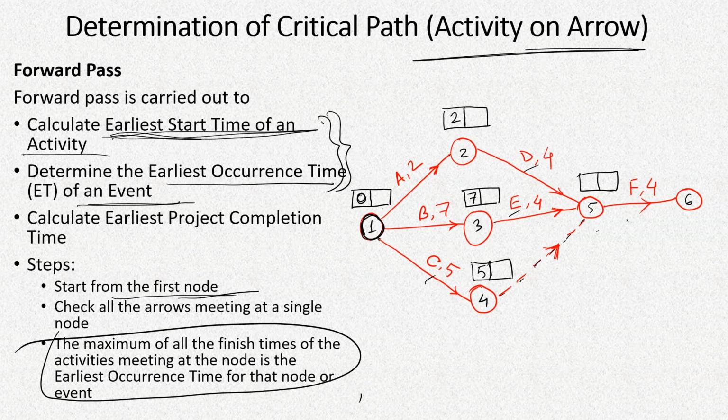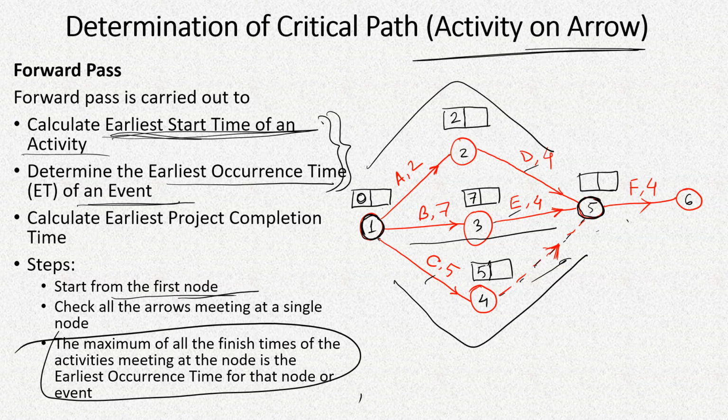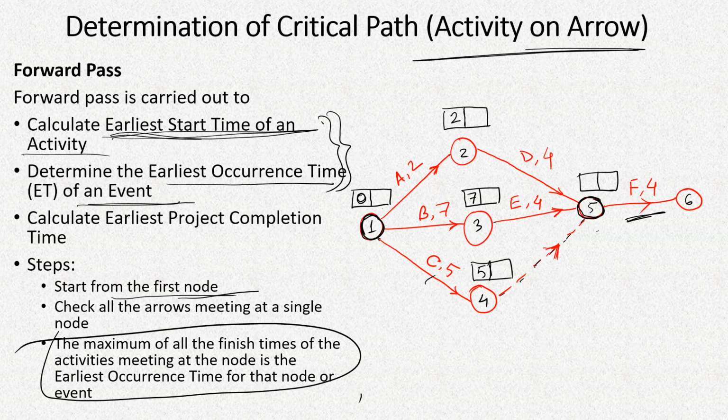So the earliest that we can arrive at this node is when the longest activity chain or activity path is completed. So what are the paths? There are 3 paths: A, D, B, E, and C. There is no other activity after this because it's only a dummy activity. So out of these, which will take the longest? Only after the longest is completed, we can start the next activity.